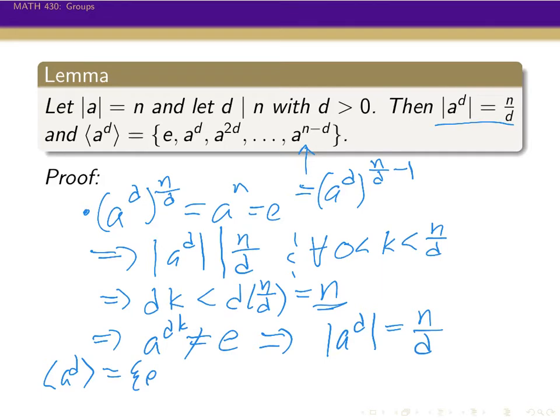The first one is the identity, and then it's all the powers up to a to the d, raising it to the n over d minus 1. And as we talked about before, this last one is precisely a to the n minus d. Okay, and so again, this is relying heavily on what we proved in the last video.